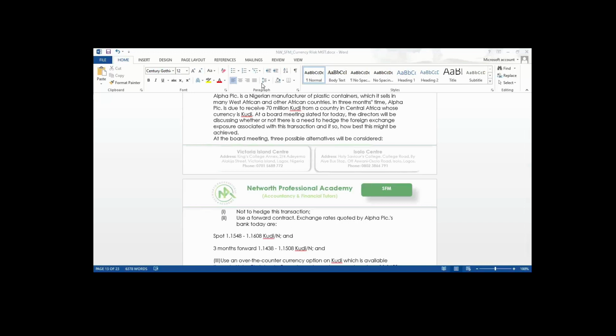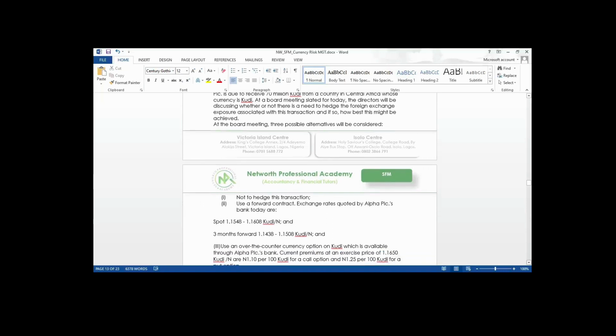Indirect. Thank you, indirect quote. Please, you are wrong, Mr. This is not a direct quote. It's an indirect quote. Kudi per naira. Quantity of foreign currency per 1 domestic currency. This is an indirect quote. And I keep on trying to emphasize this. You must be able to identify the quotes.